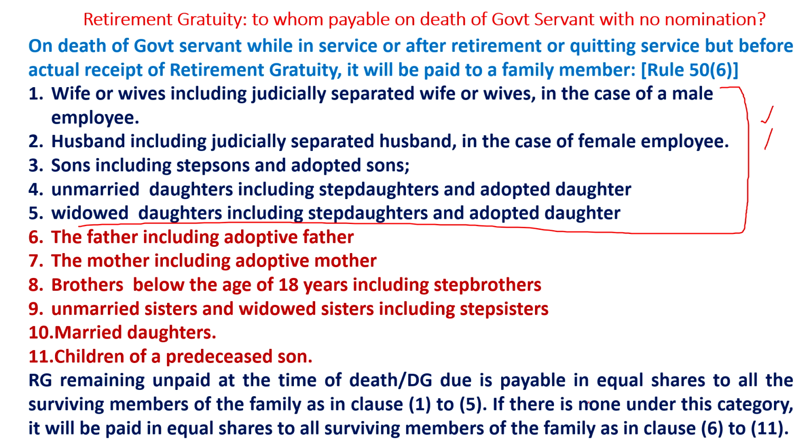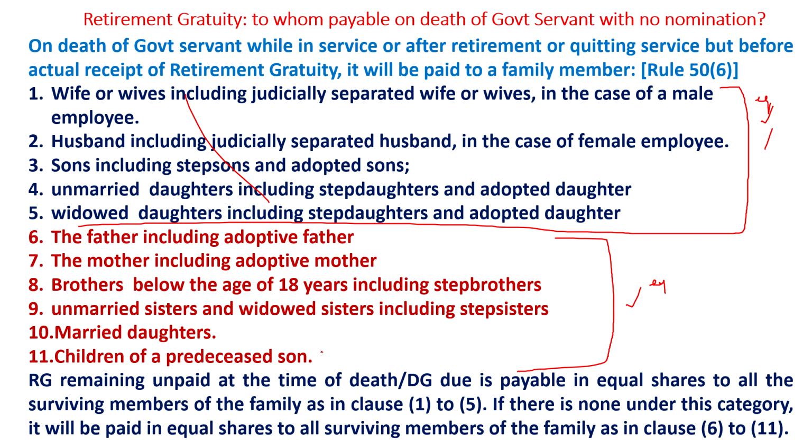And if there is none under this category, if all these 5 are not available, then this second set from 6 to 11 will get the amount in equal shares. So if nobody is there from 1 to 5, then 6 to 11 equal shares will be paid.